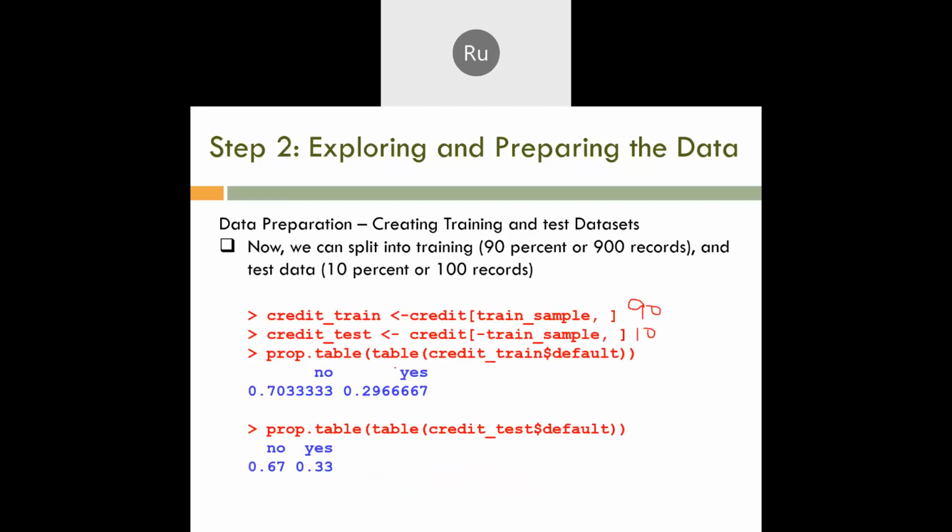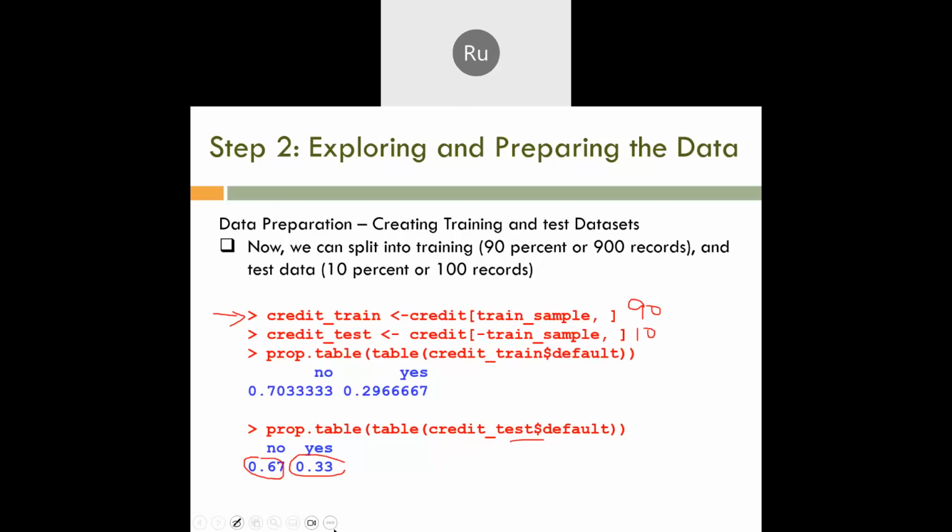Okay, and if I look at the proportion of the training data, I still have 70 to 30%. That means our sampling method is correctly conducted because we get the same proportion for no and yes. We maintain the percentage here. Okay, and we also look at the testing data set. So we also maintain 70 to 30%.